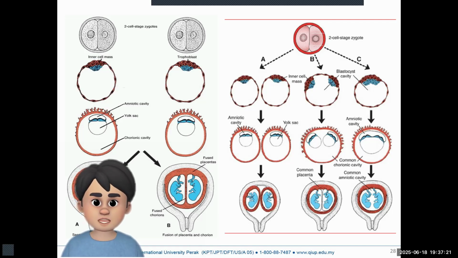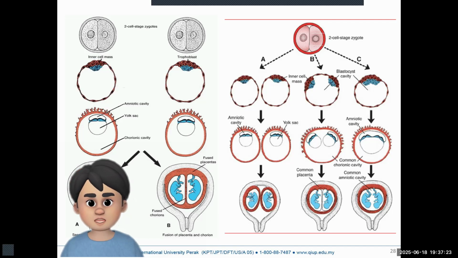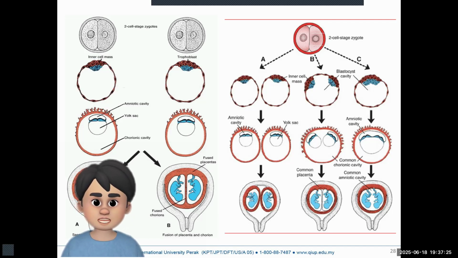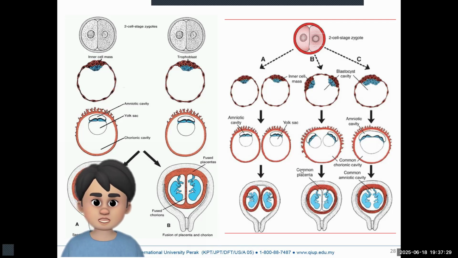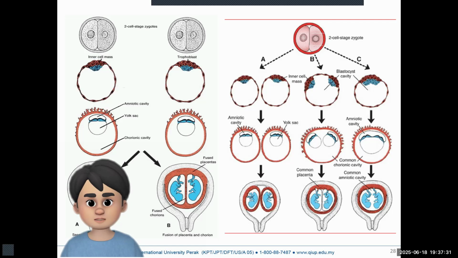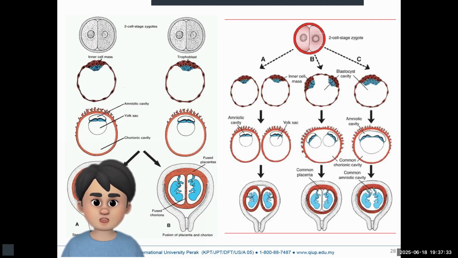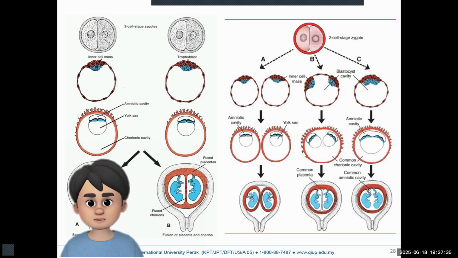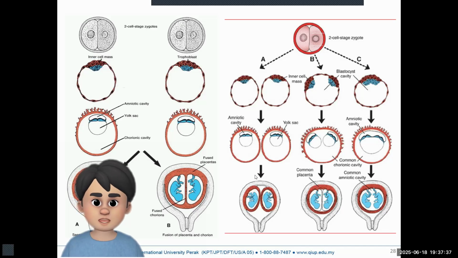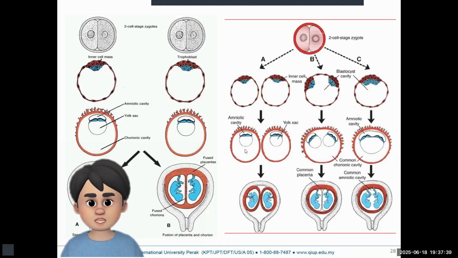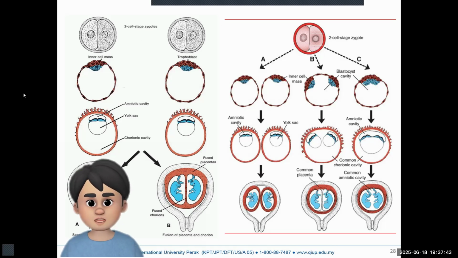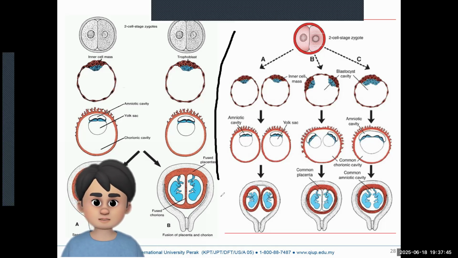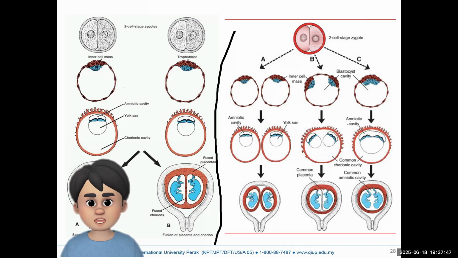Right. So in this diagram, if you realize, this is the separate placenta and chorion, here fused chorion, right? So here you get the common placenta, and common amniotic cavity, right? So when you are studying the diagram, it is better to divide and study like that.